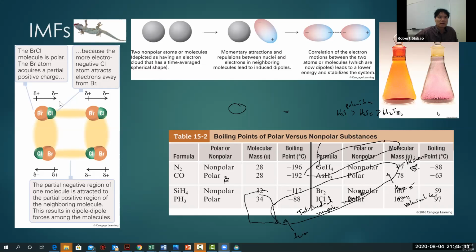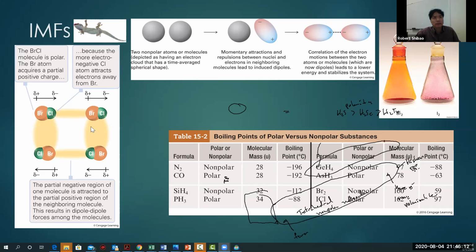The delta minus on this molecule will be attracted to the delta plus on the adjacent one. So we have a permanent dipole being attracted to a permanent dipole. It's called dipole-dipole attraction.